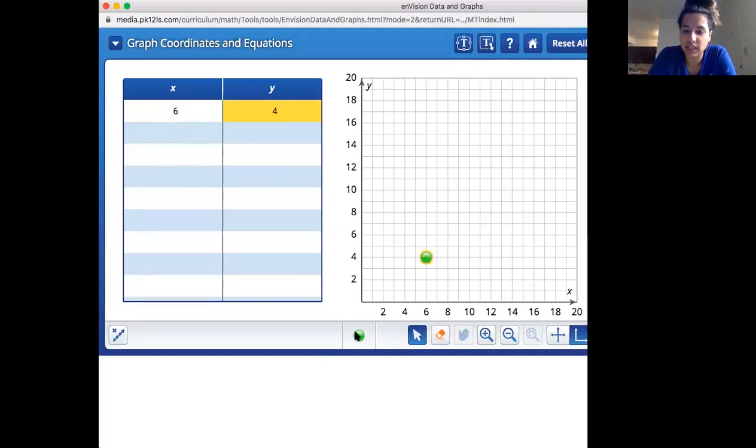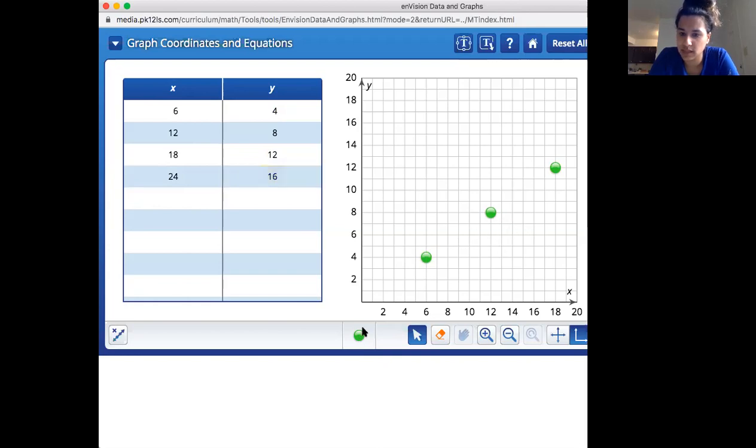Okay, and then I just click on this green dot and it plots it for me. It goes over 6, up 4. Okay, our next one for 2 boxes is 12, 8. Okay, and there it is. And our next one is for 3 boxes, 18, 12. Okay, and then our next and last one for 4 boxes is 24 and 16.